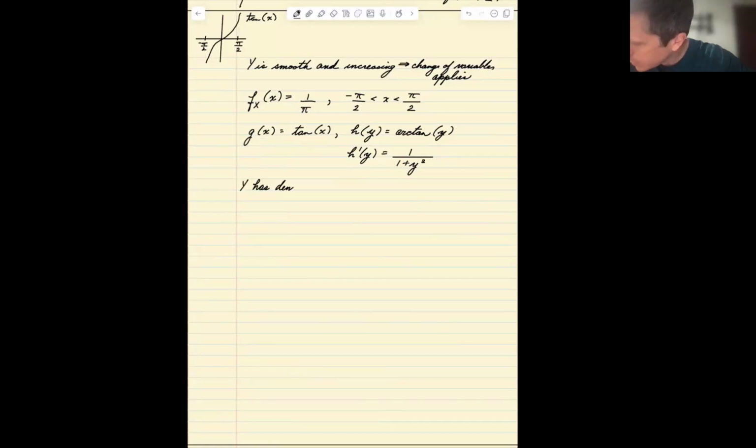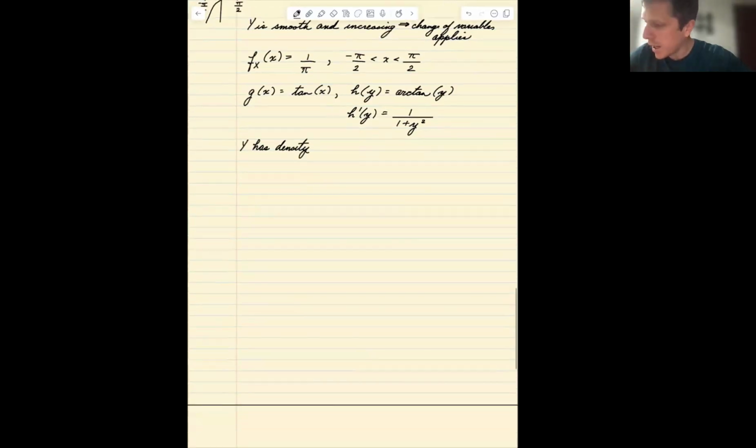So we can use this to get the density of y. What's the density of y? The density of y is the density of x evaluated at h of y, times the absolute value of the derivative of h of y.